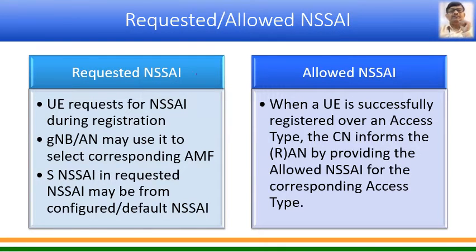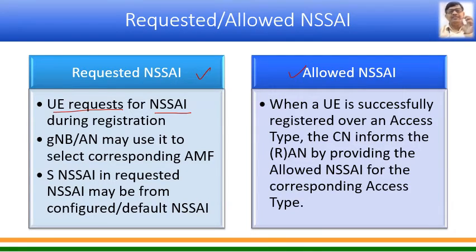Then there is a concept of requested list of network slices and allowed list of network slices. When the UE registers onto the network, it requests a list of network slices, right? It says, please allow me this list of network slices.